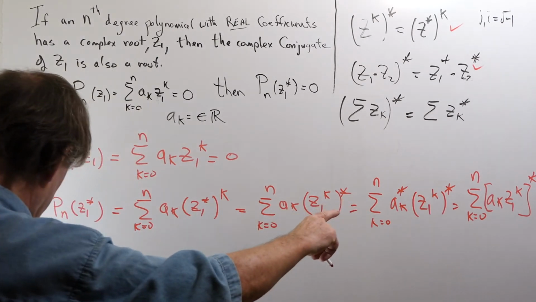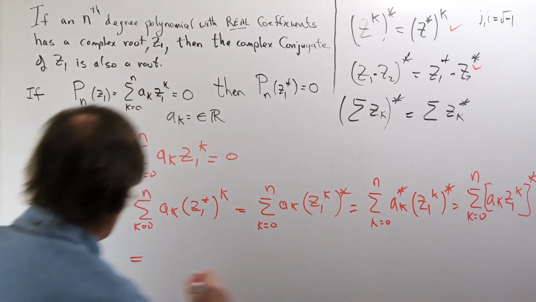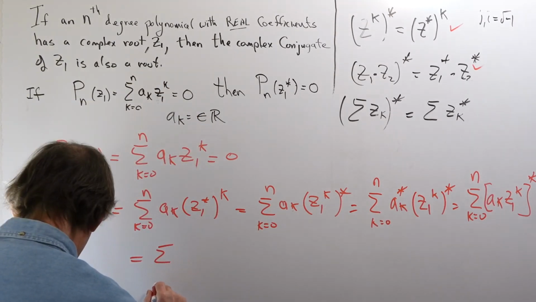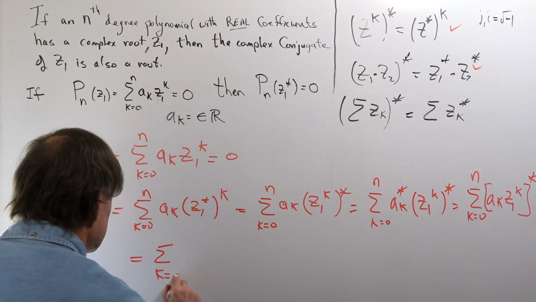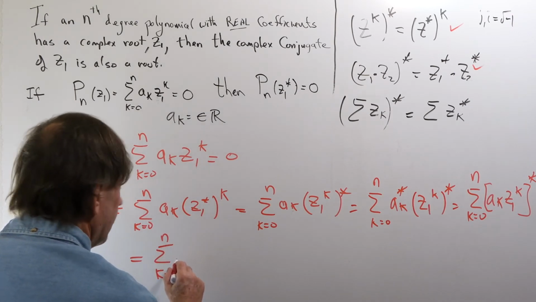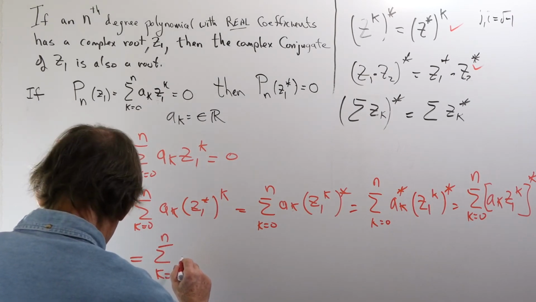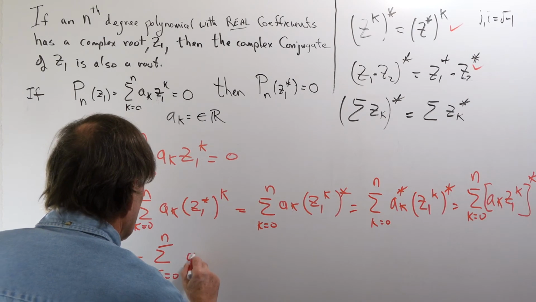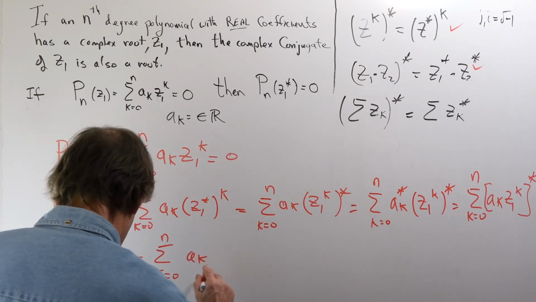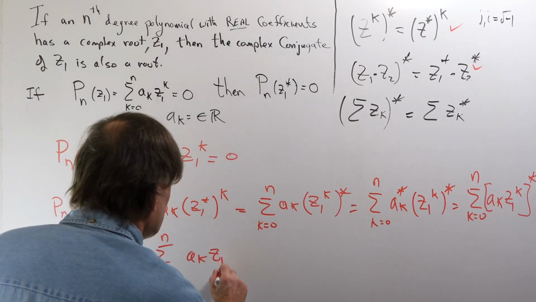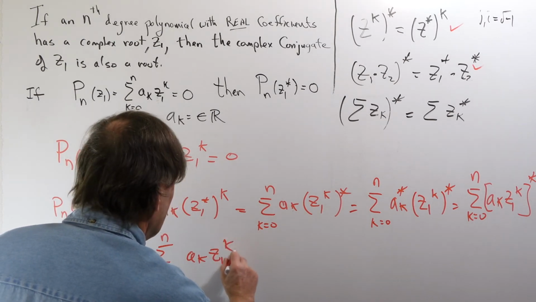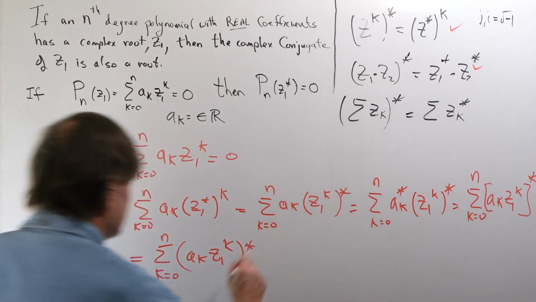We have the sum of k equals 0 to n of ak z1 to the k, and that's conjugated.